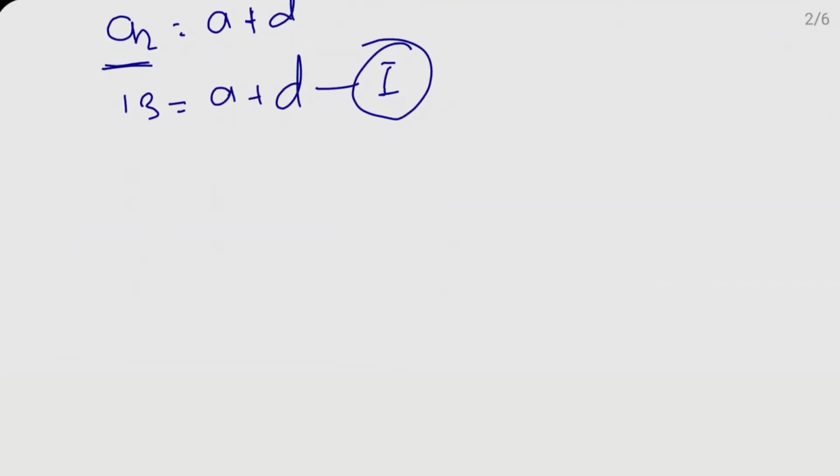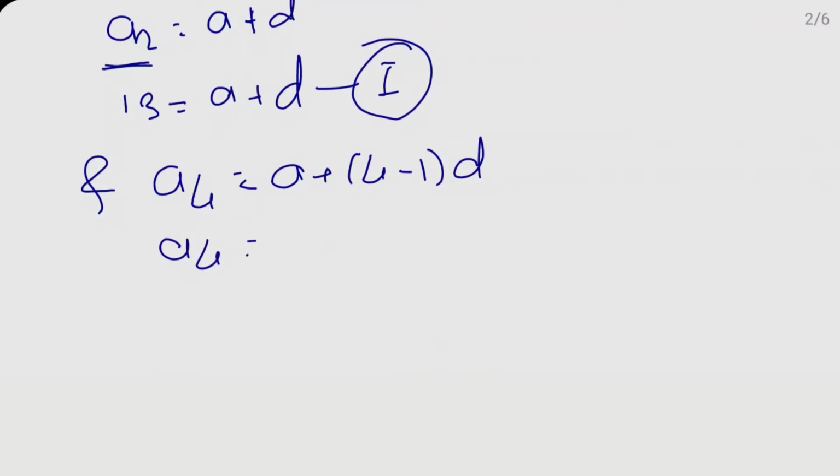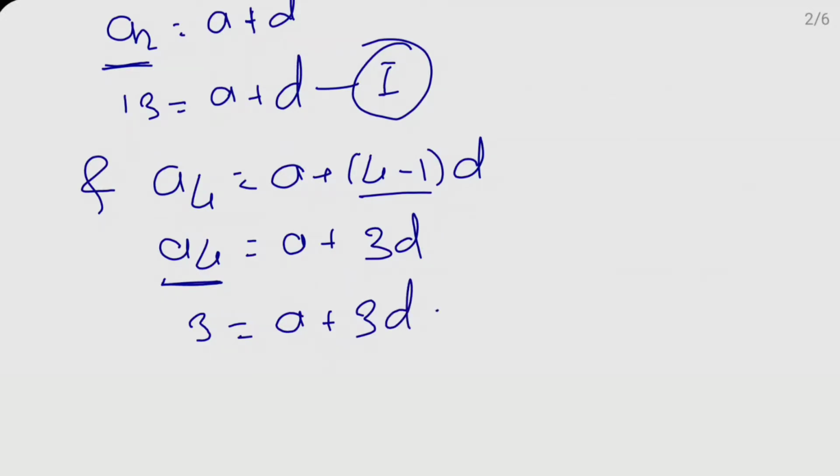And now here, a4 equal to a plus 4 minus 1 into d. So a4 equal to a plus 3d, and we know the a4 value, so substitute that one. A4 is 3, so this is equal to a plus 3d, and call this equation 2.